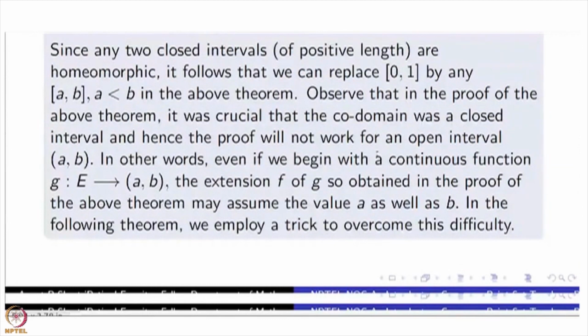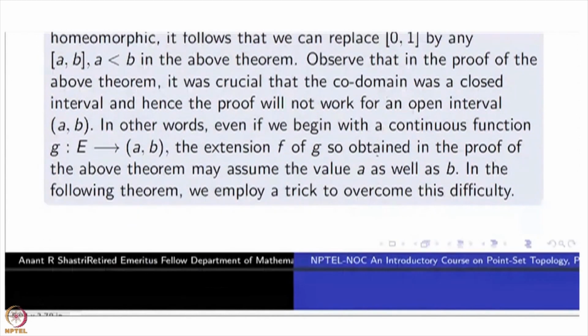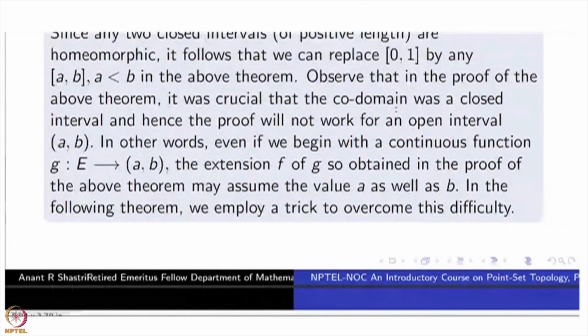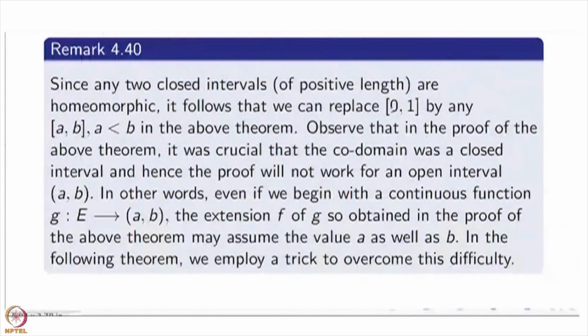Since any two closed intervals of positive length are homeomorphic, I am making this comment again, we can use, instead of -1 to +1 or 0, 1, any interval [a, b].